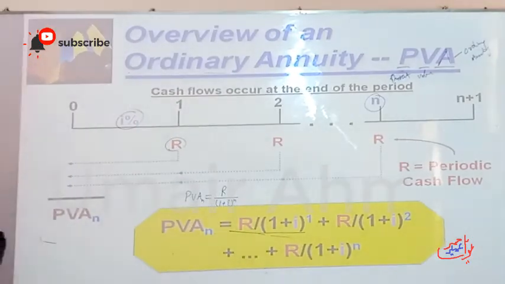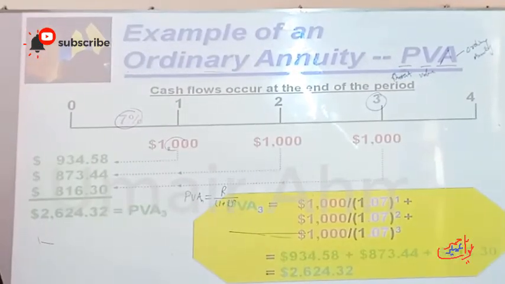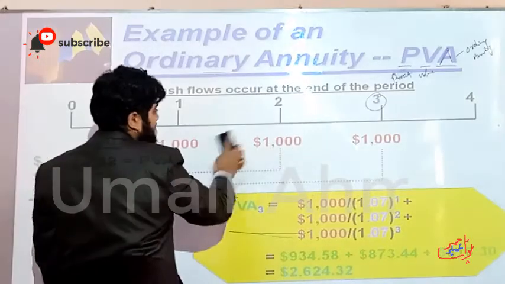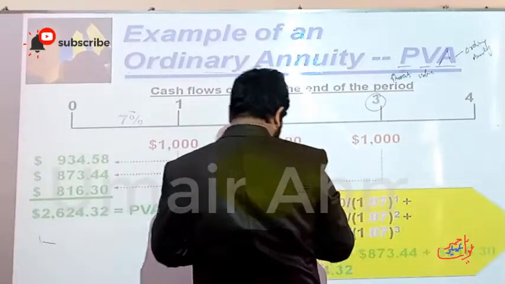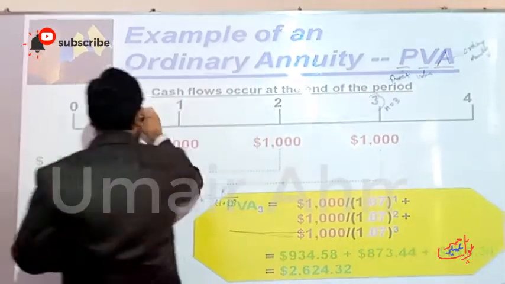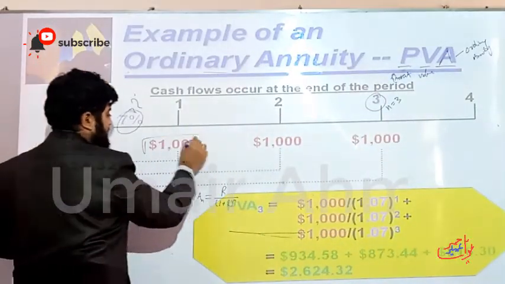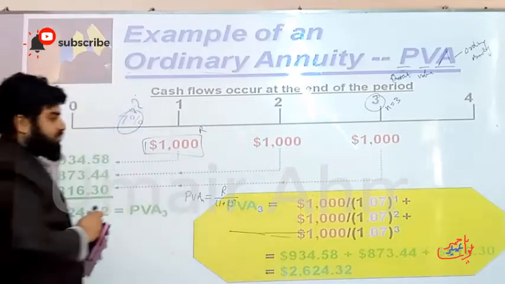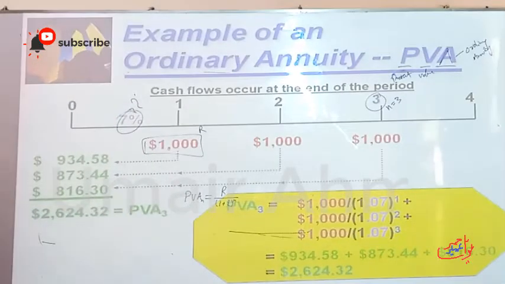Okay, so now we have to calculate through an example. As we know, the number of years is 3, the interest rate is 7, and R is 1000. So how will we calculate it?